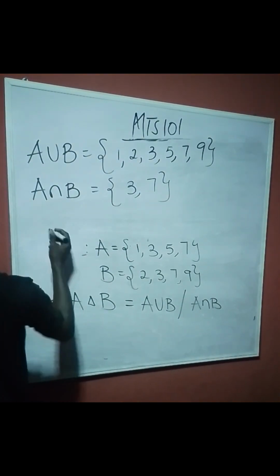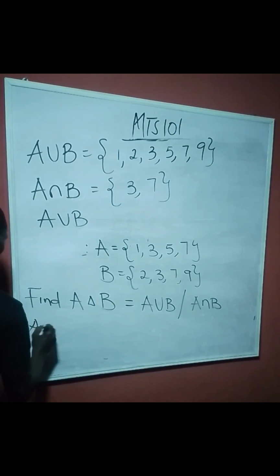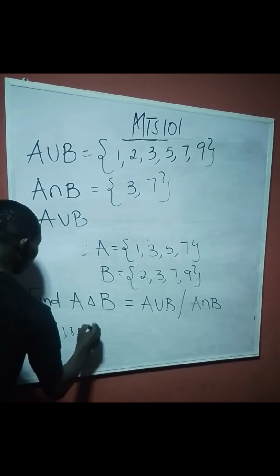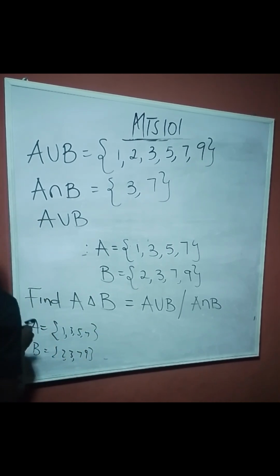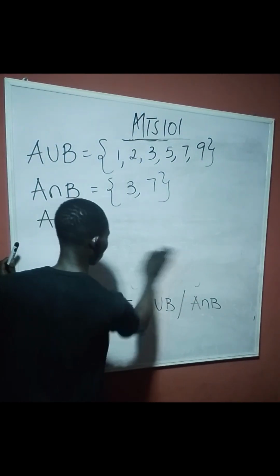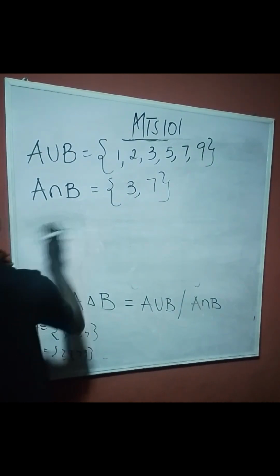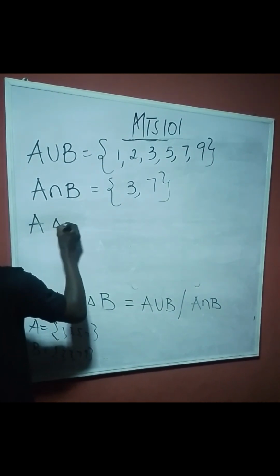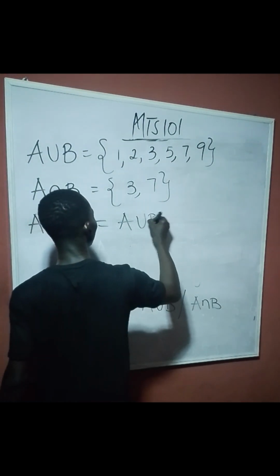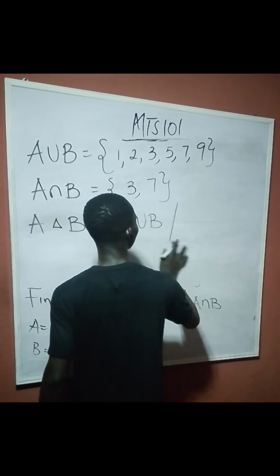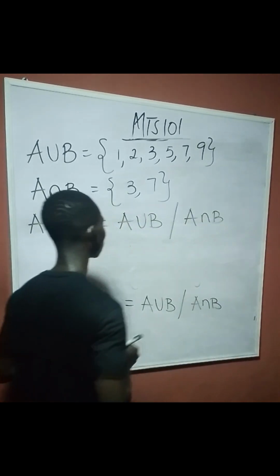A union B. 1, 3, 5, 7. 2, 3, 7, 9. So A symmetric difference B now will just be, we said A union B difference A intersection B. Let's do that now.